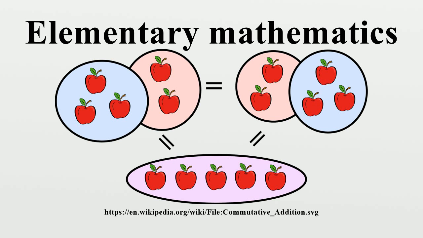Percentages. A percentage is a number or ratio expressed as a fraction of 100. It is often denoted using the percent sign, or the abbreviation pct. A percentage is a dimensionless number. For example, 45% is equal to 45/100ths, or 0.45. Percentages are used to express how large or small one quantity is relative to another quantity.